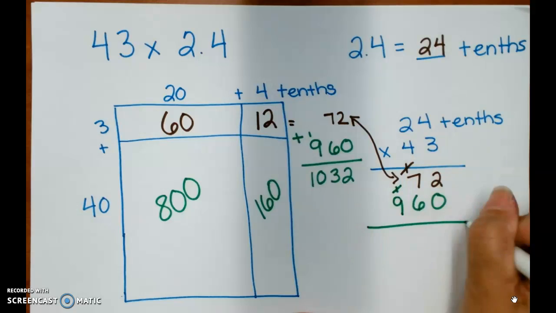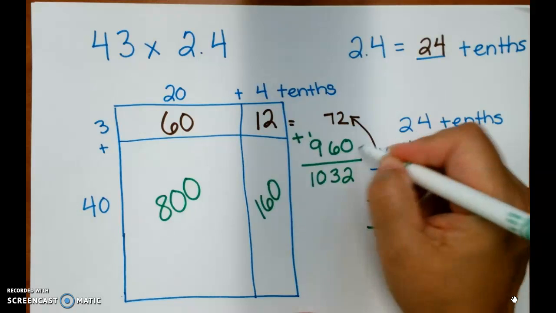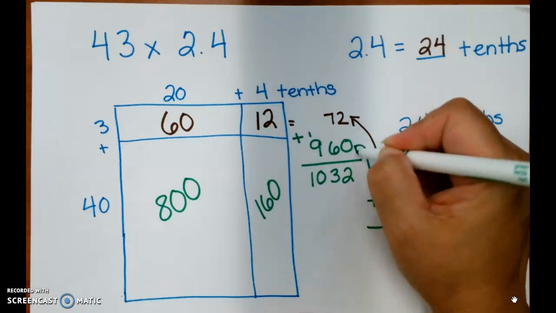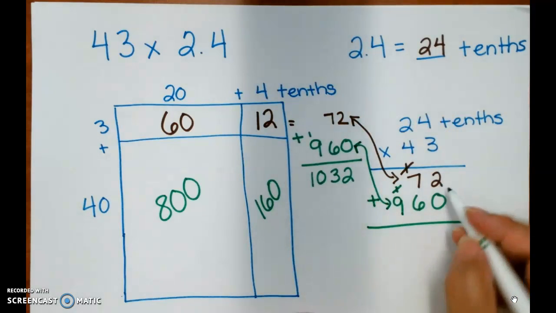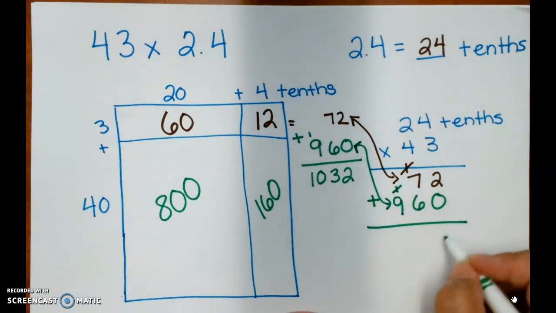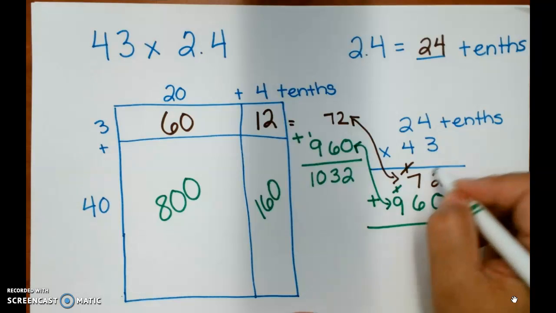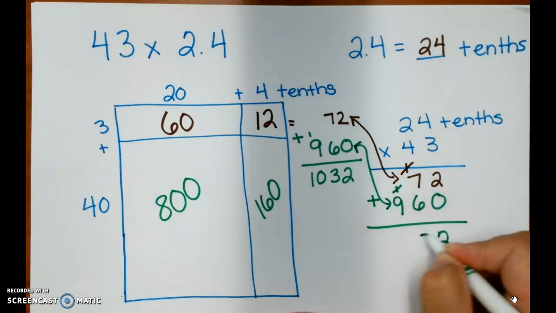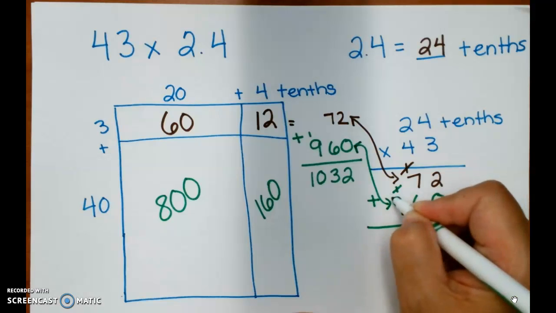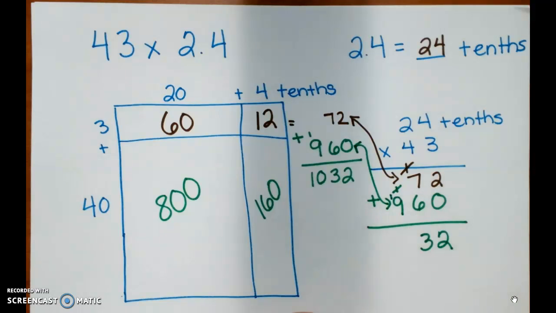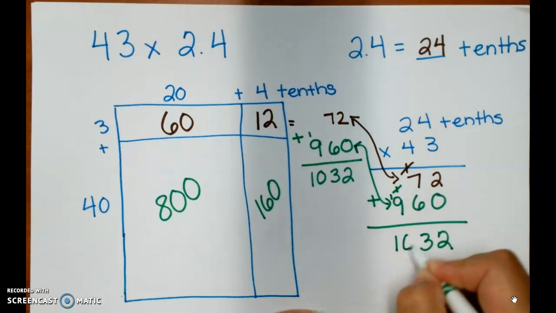Now I've got to add those two partial products together, and looky here, I have 960 in both places. 2 plus 0 is 2. 7 plus 6 again is 13. And now I have to regroup that 1. And 9 plus 1 is 10.